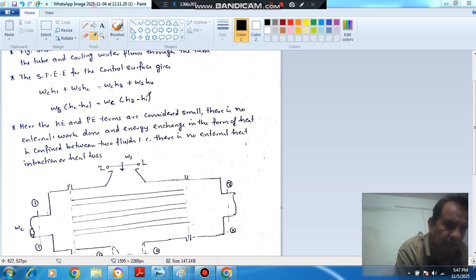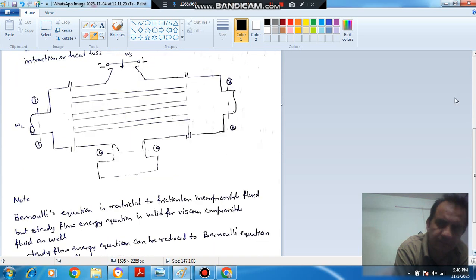We only have to balance enthalpy because velocities and elevations are the same, and no external heat or work is involved. From this we get WS times (H2 minus H4) is equal to WC times (H3 minus H1). This is the heat exchanger expression.